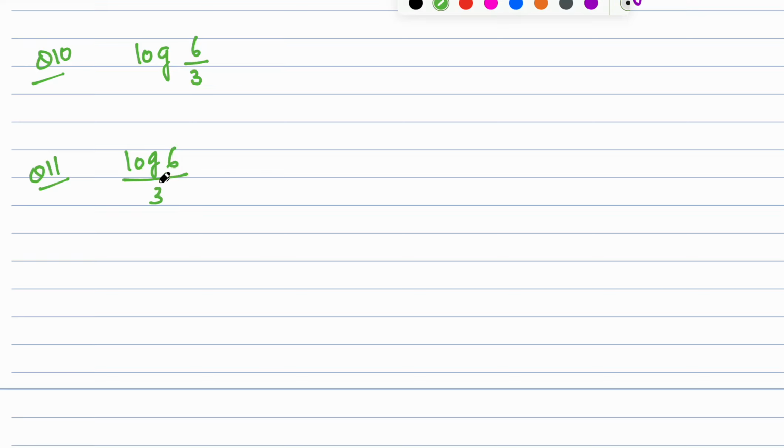So these two questions are again different. Here that can be log of 6 minus log of 3, right? And here this 1 by 3 is written as a separate multiplication and we have to rewrite it.